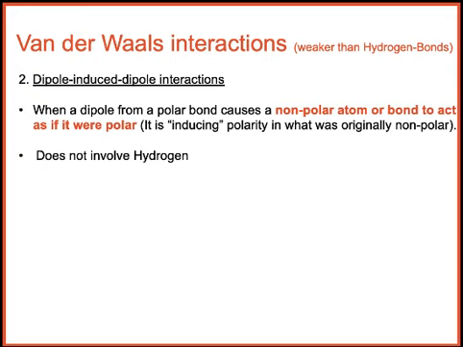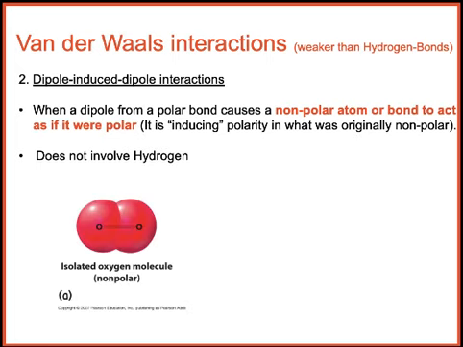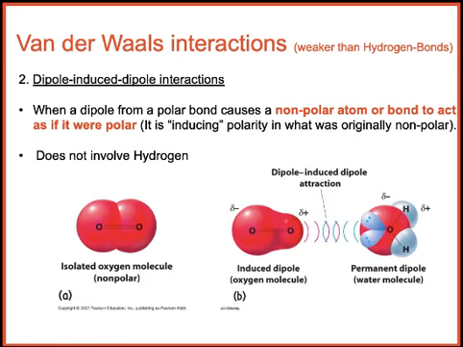Now, dipole-induced dipole interactions are when a dipole from a polar bond causes a non-polar atom to act as if it were polar. So it is inducing polarity in what was originally a non-polar molecule, and this does not involve hydrogen. So look at this. We have isolated oxygen, non-polar. They're playing equal tug of war.